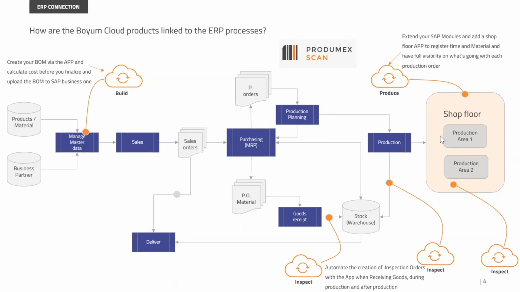For Inspect, yes, we do create 4 user tables because if you think about it, SAP Business One doesn't have any quality control module, nothing. This was requested by many, many customers because you want to print a quality certificate. We have one out of the box on the app, but you cannot modify it. This is really if you need one really quick. So we are pushing the results of your quality control orders back to SAP Business One into those 4 tables.